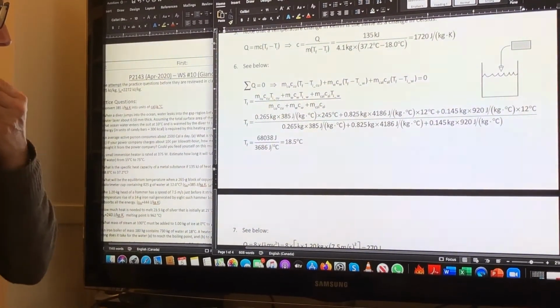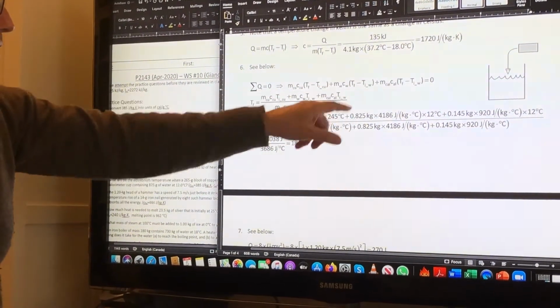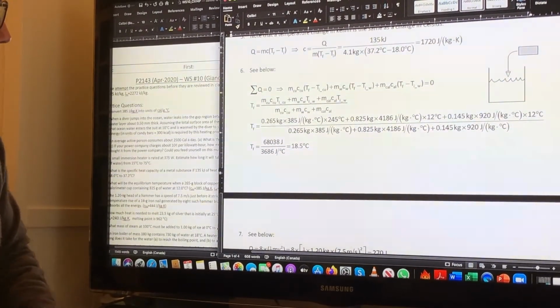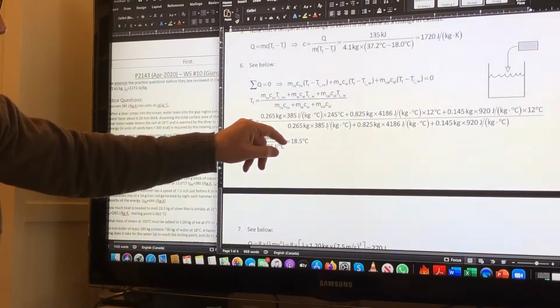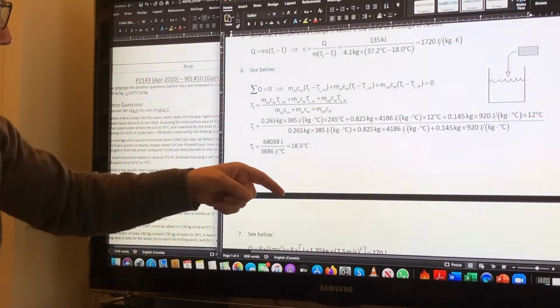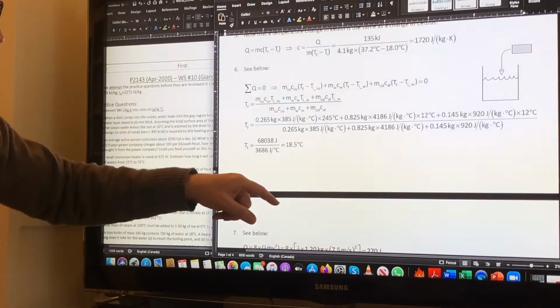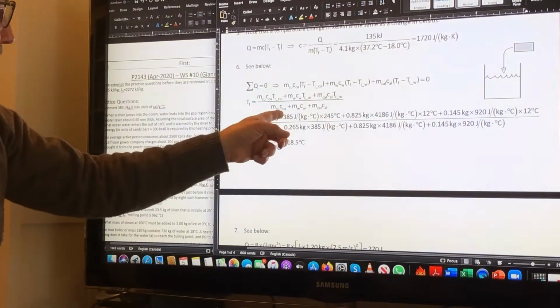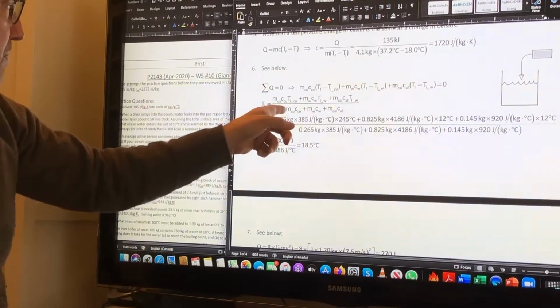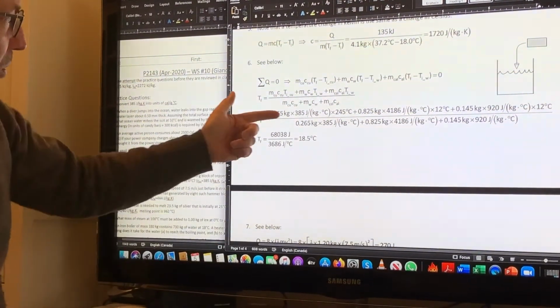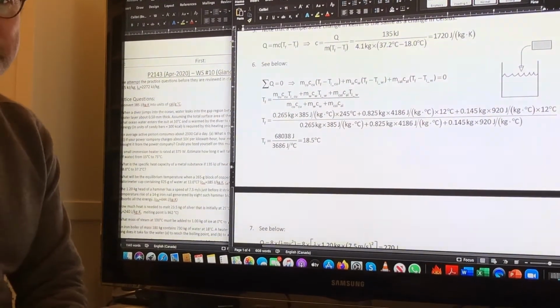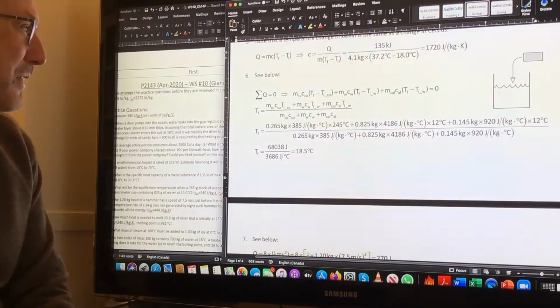So what I have to do is to solve this for TF. It's not that hard. You expand out the terms, all of the terms without TF, shove them on the right, and then take TF out as a factor and divide it by the stuff that was being multiplied by TF, right? Then what you have to do is put in all of the values, and this is where it gets messy.